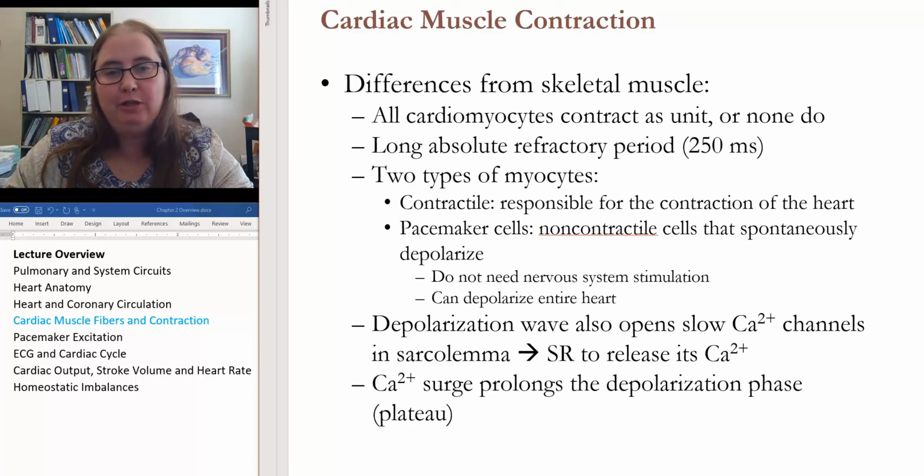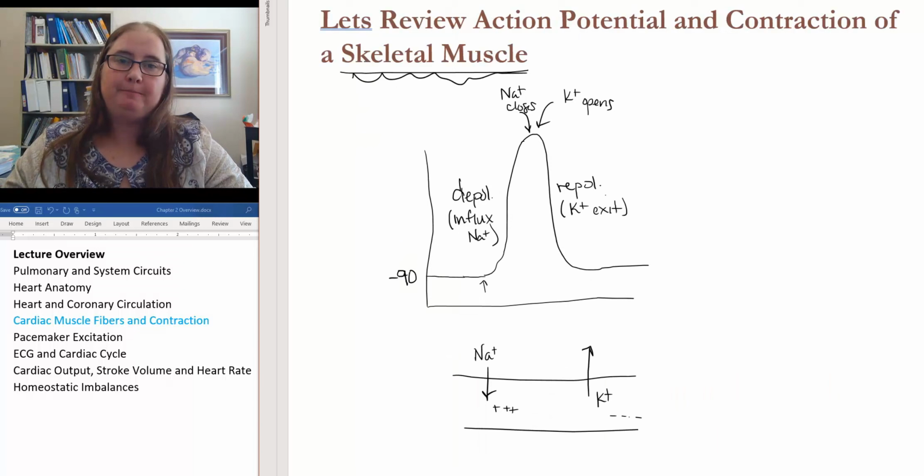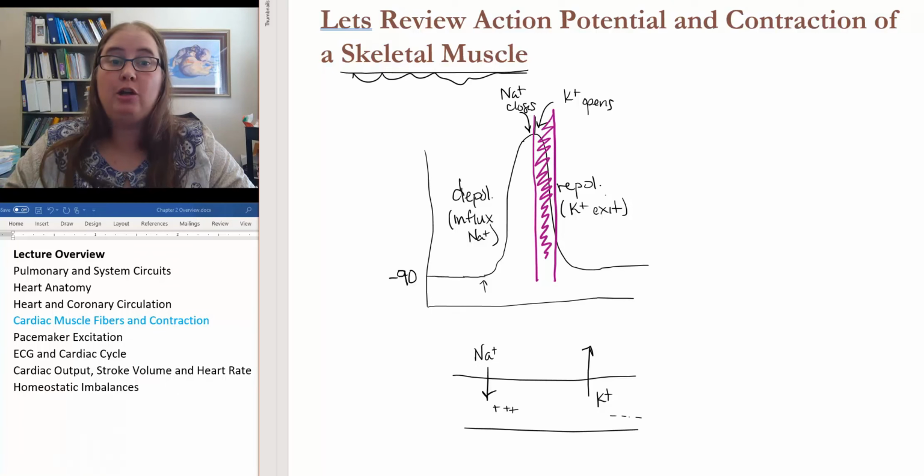Let me go back really quick to our picture. Remember, when we talk about the absolute refractory period, okay, again, hopefully you guys remember what an absolute refractory period is. An absolute refractory period is the period in which no matter how strong a stimulus, you can't generate another action potential.